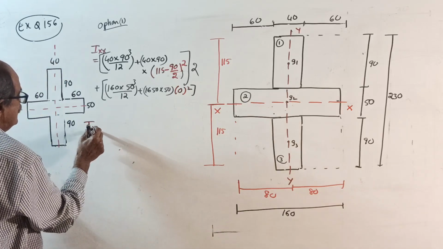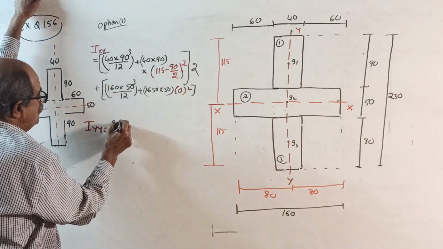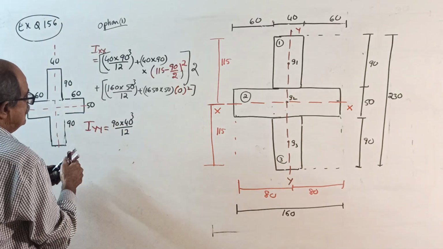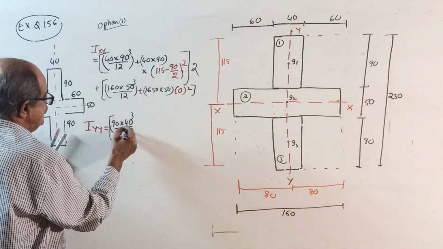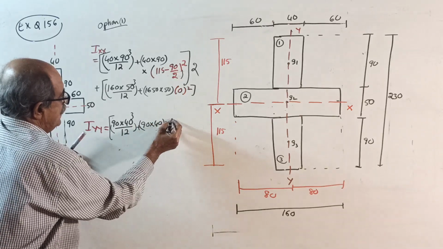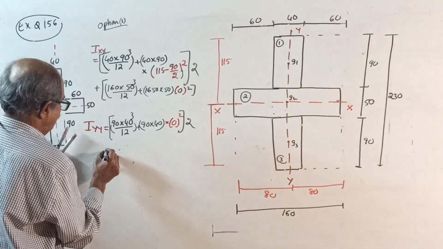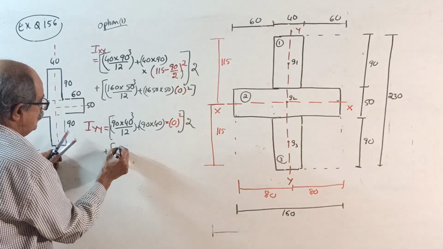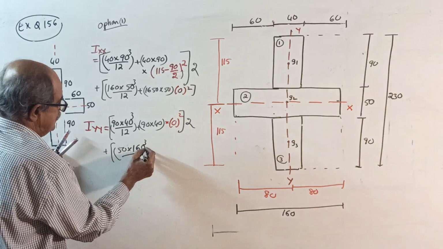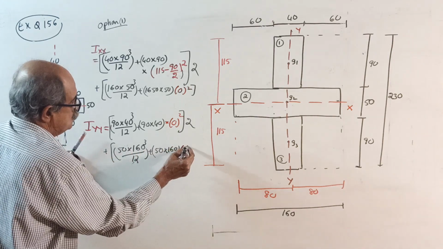IYY. All three centroids lie on YY. So 90 into 40 cube by 12, Ig, plus 90 into 40, the area, into 0 square, multiplied by 2 to take care of this one, plus one more: 50 into 160 cube divided by 12, Ig, plus 50 into 160, the area, into 0 square.